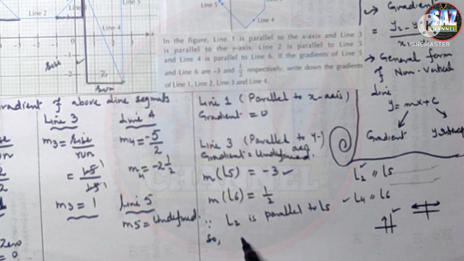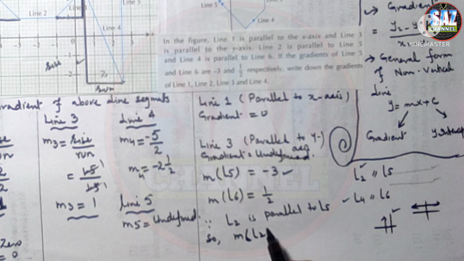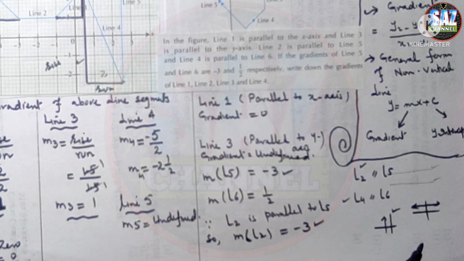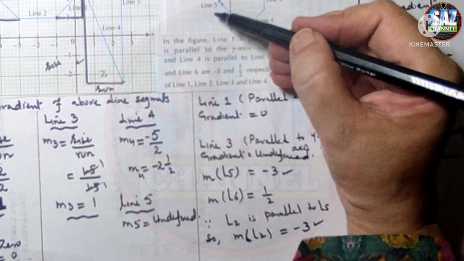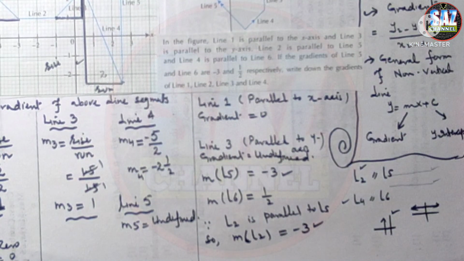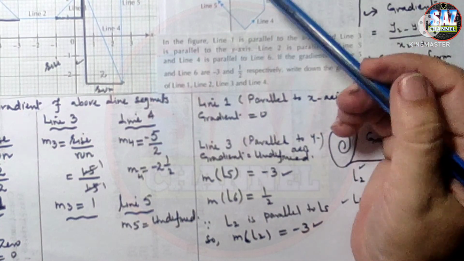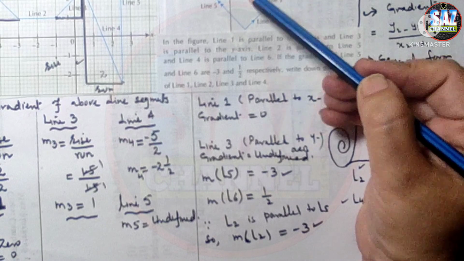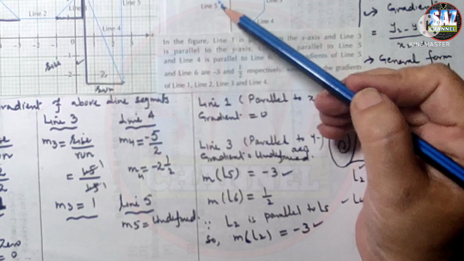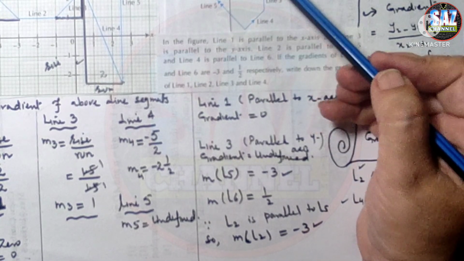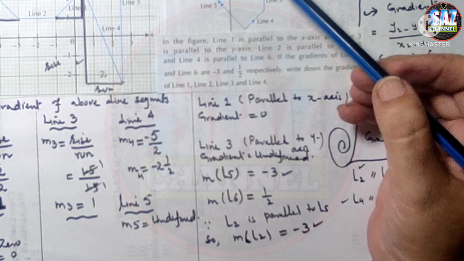So gradient of line 2 will be equal to -3. And what is the reason? Because line 2 and line 5 are parallel to each other. Look at the graph given. If the gradient of line 5 is -3, gradient of line 2 will also be -3.